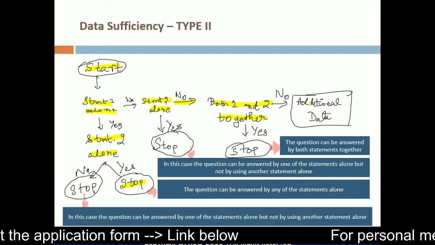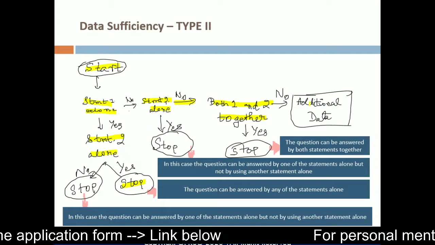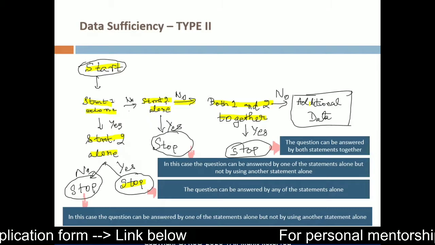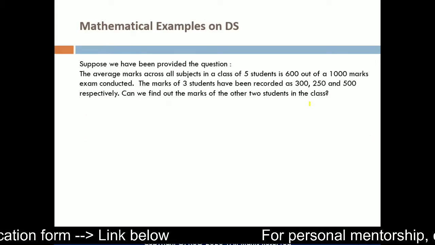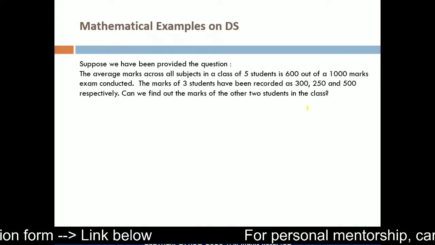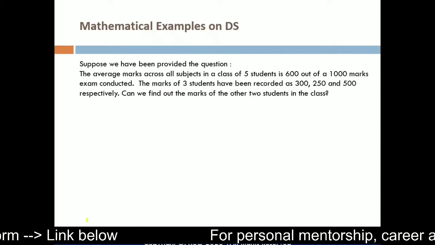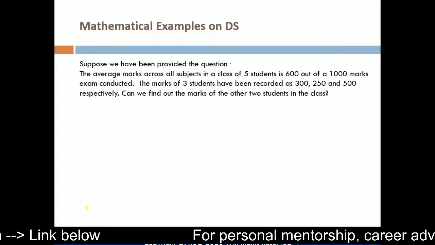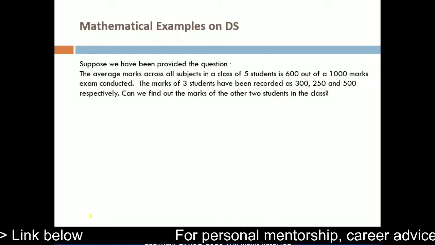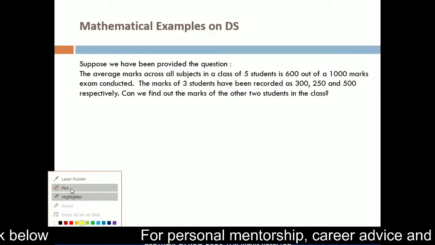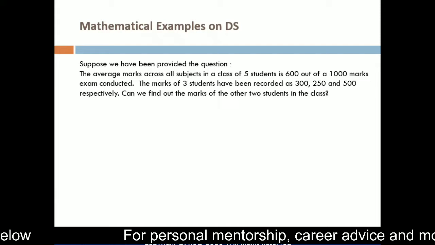Now let us look at some mathematical examples and some other examples of questions that generally are asked in data sufficiency. Let us first look at a mathematical example where suppose you have been provided with the average marks across all subjects in a class of 5 students. So let me take the pen here for a moment.